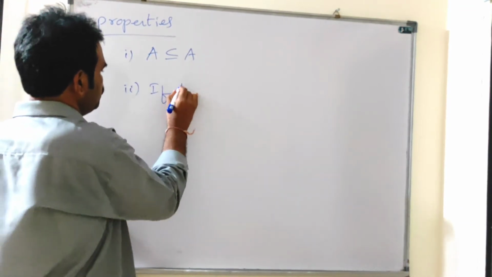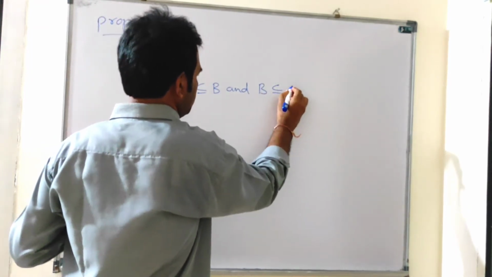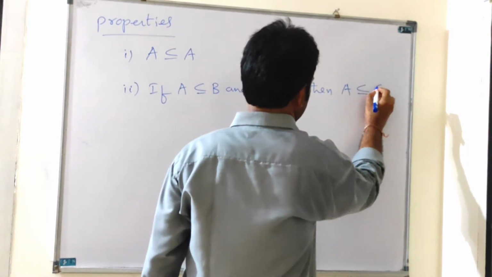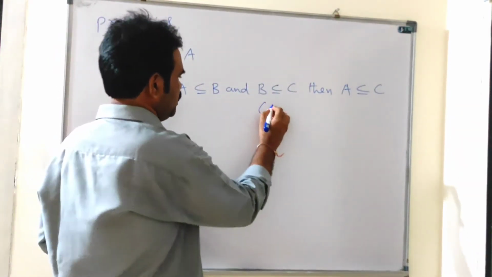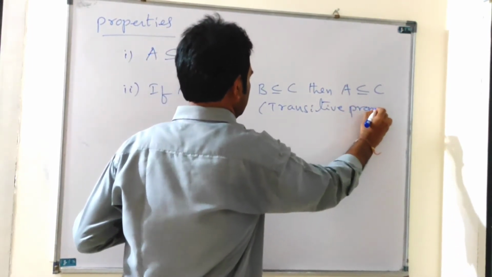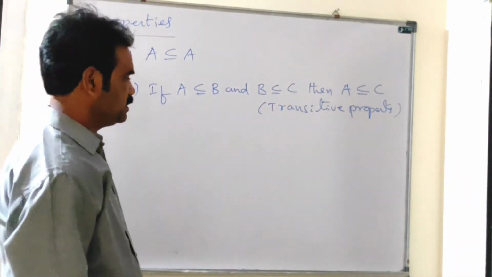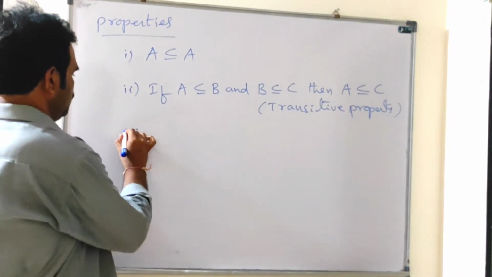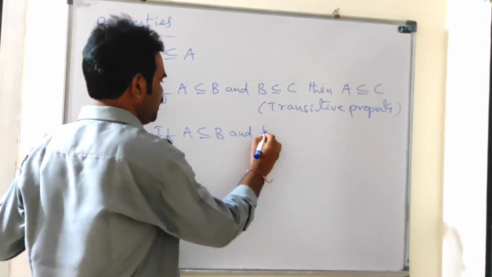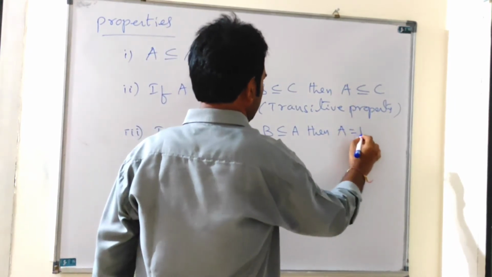If A is a subset of B and B is a subset of C, then A is a subset of C. This is known as the transitive property. And if A is a subset of B and B is a subset of A, then A equal to B.